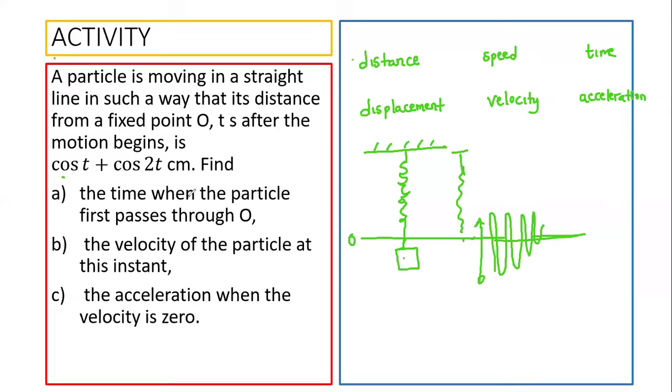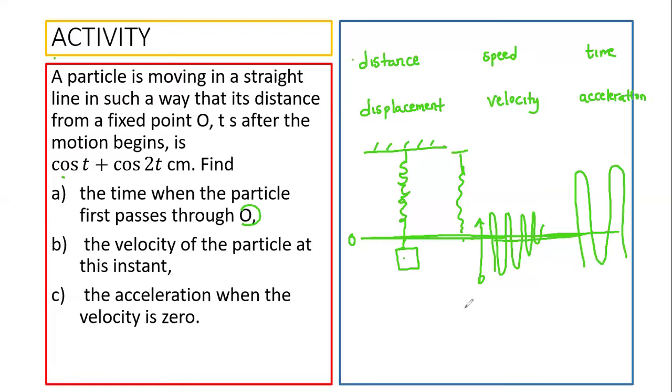Now, what is the question asking us? The question is asking us, at what time does the particle first pass O? You need to know that this is now our horizontal, the starting point. You are going to ask yourself, at this point, what was the distance that this particle had covered? Remember, when this particle is oscillating, it goes, it comes back. It goes, it comes back.